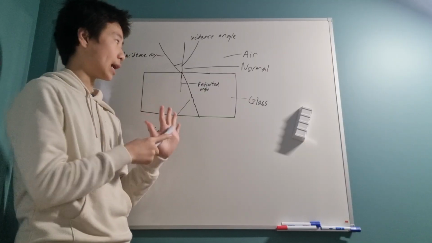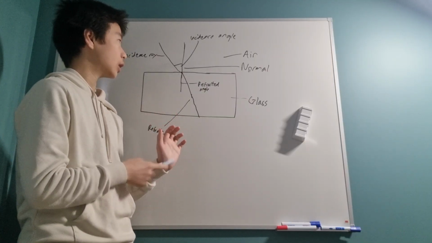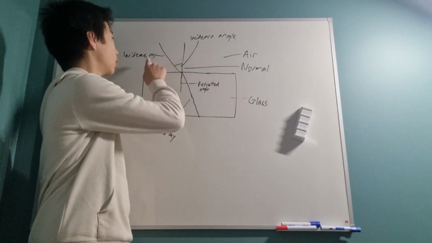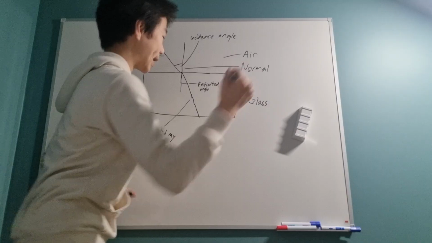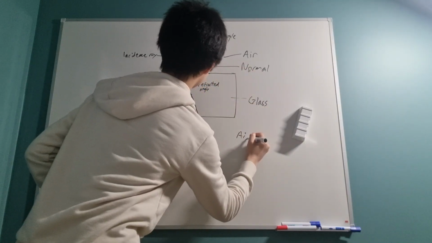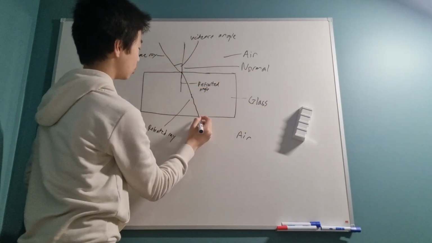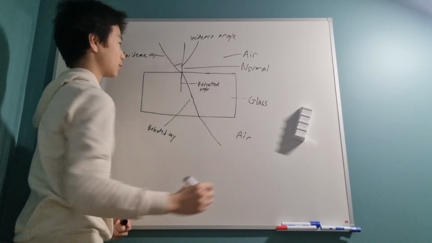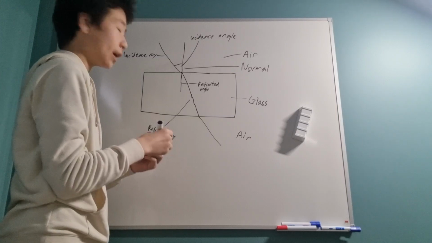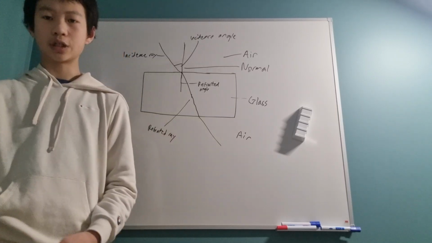So there we have the shape with the light going from the air into the glass and now back into the air. And assuming it's going to continue its normal path, it's going to go like this. So this is simply reflection, okay?